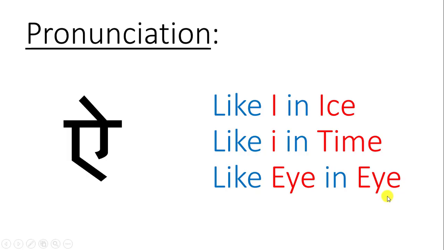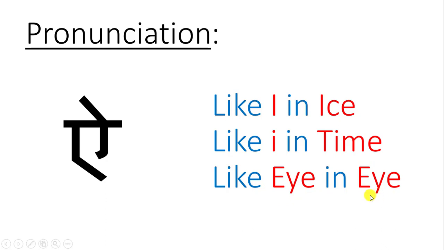The next vowel is ai, and it is pronounced like the i in ice. Ice. And like the i in time, tie. Like the eye in I itself.